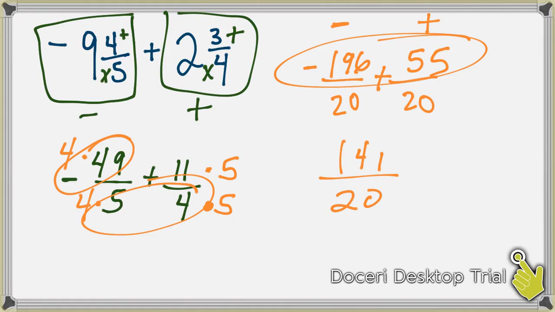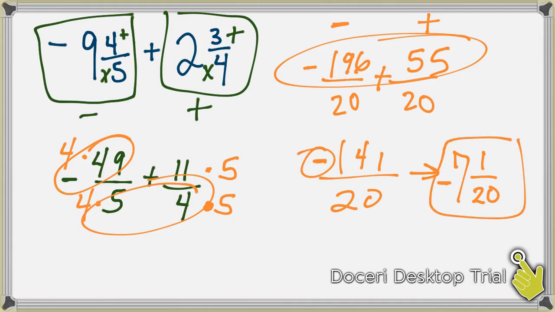And then the negative 196 is bigger, so that means that the 141 is actually a negative. Now the last thing I need to do is turn that into a mixed number. So 20 goes into 141 seven times. There's 1 left over, and then keep the denominator at 20, but don't forget your whole answer is negative. So negative 7 and 1/20.